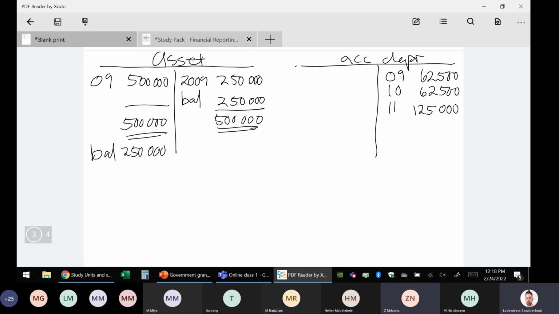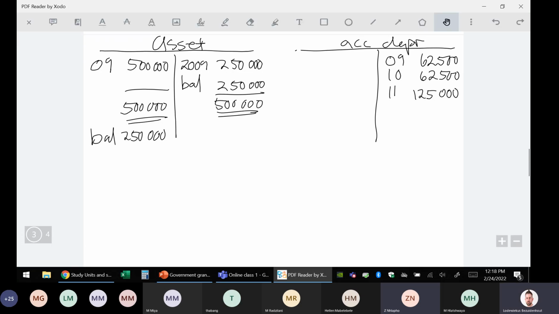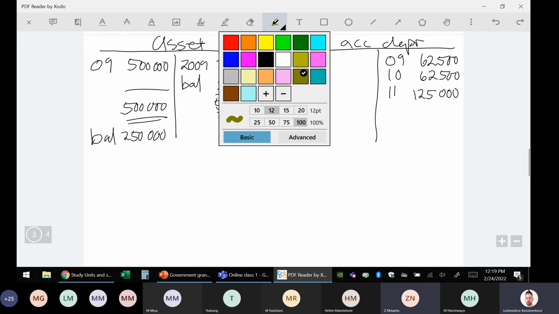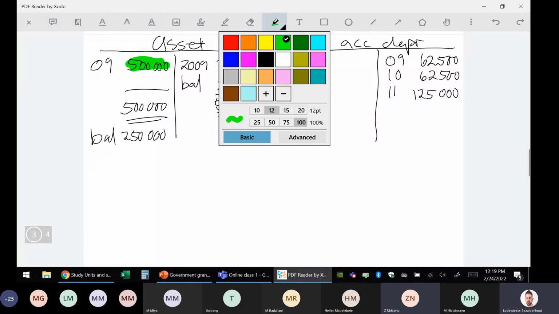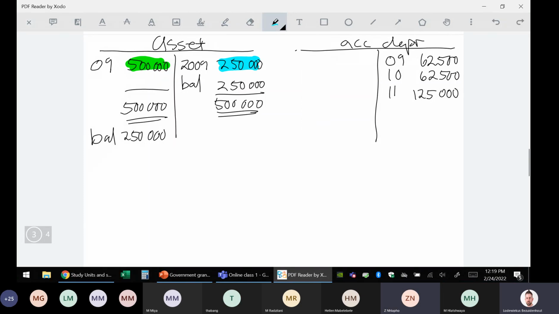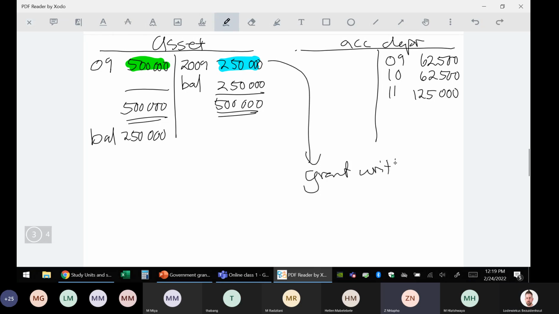We buy the asset. Cost of the asset is 500,000. So that is the purchase price of the asset. Then we say we have a grant now and we reduce the cost of the asset with the grant. And there is the 250 where we reduce the cost of the asset by the grant. So that 250 is the grant written off against cost.